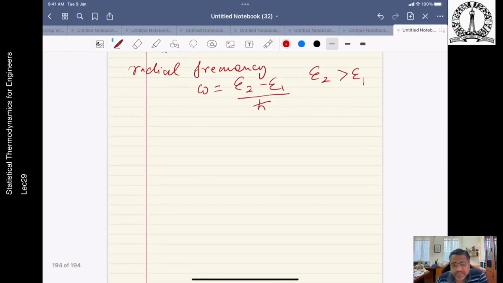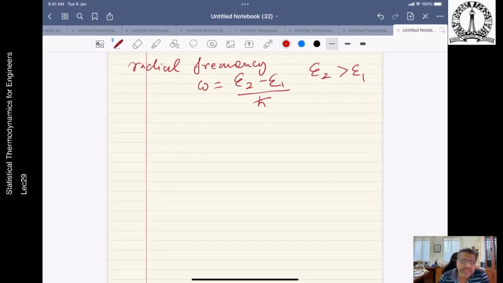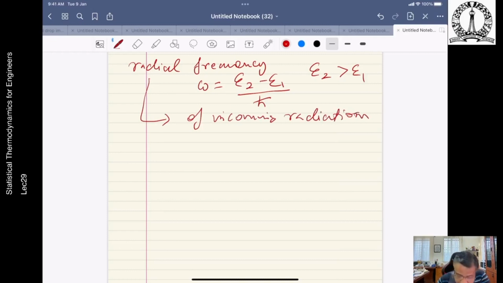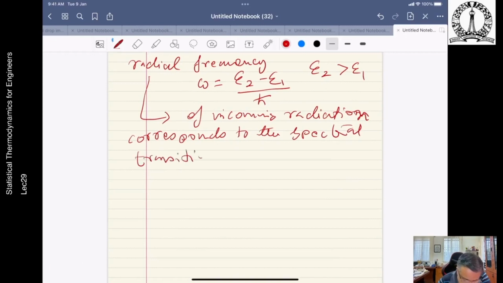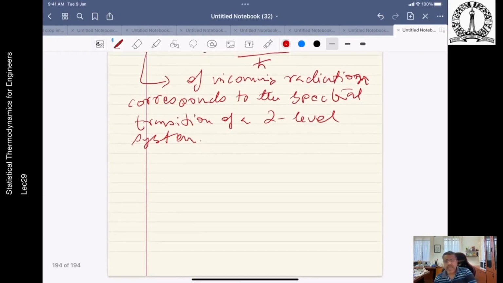Okay, so the radial frequency of the incoming radiation, in this case the imposed electromagnetic field or the imposed electric field, corresponds to the spectral transition of a two-level system, as required if we have to investigate the transition probability.